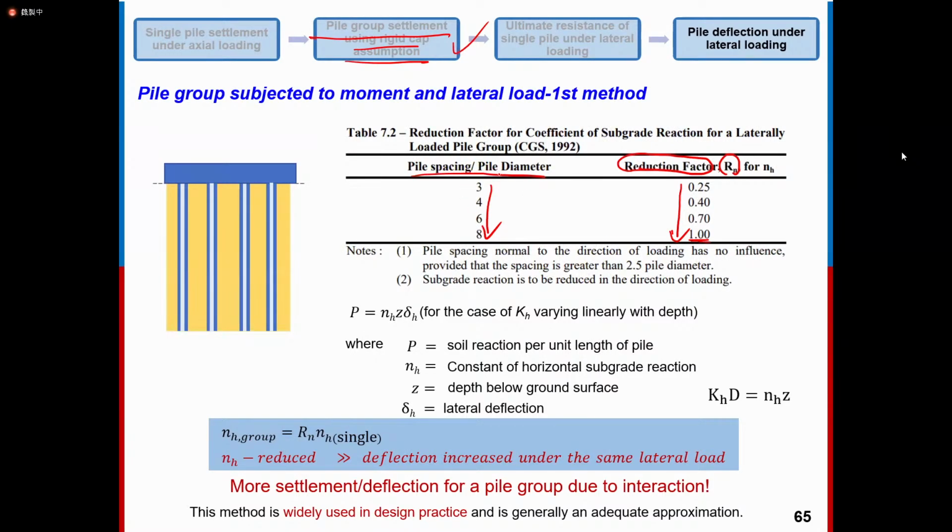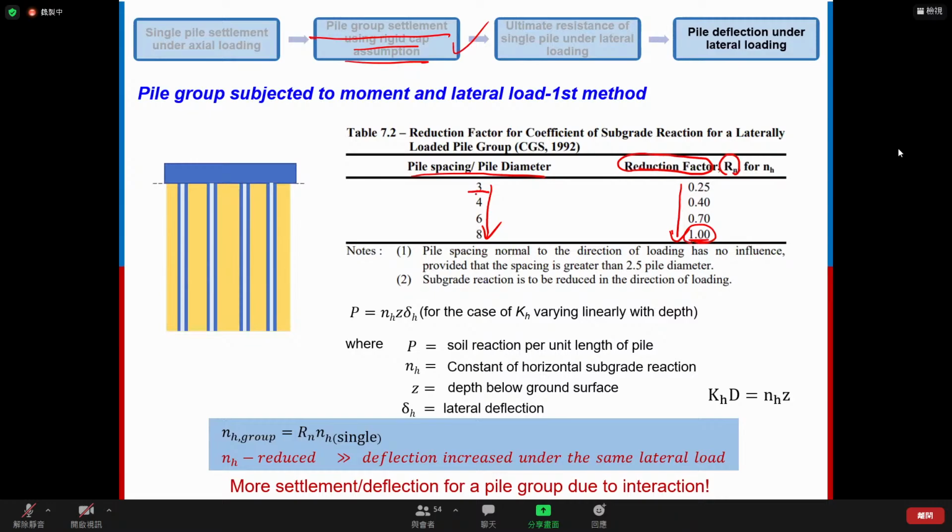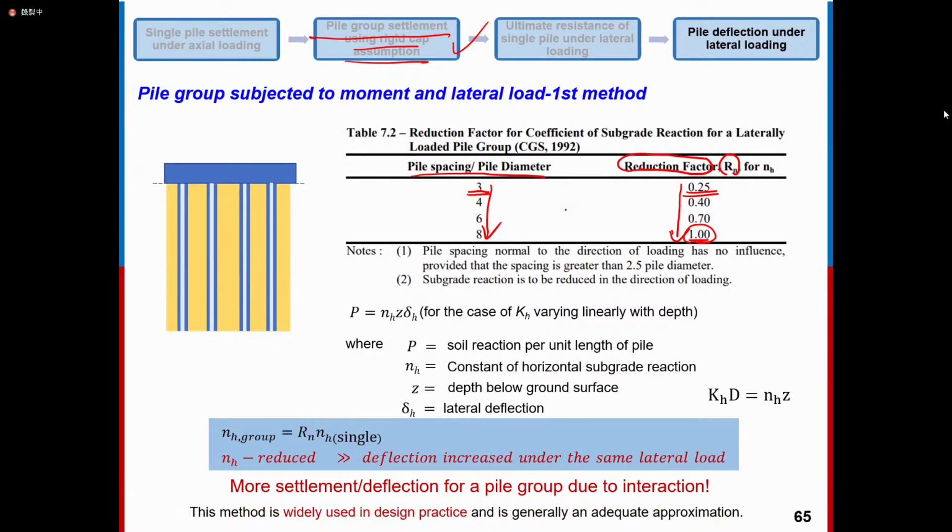With the ratio larger than 8, we can assume there is no interaction between two piles because the reduction factor has already reached 1. If two piles are closer, we need to reduce more for the soil reaction, which means we will have larger horizontal deflection.